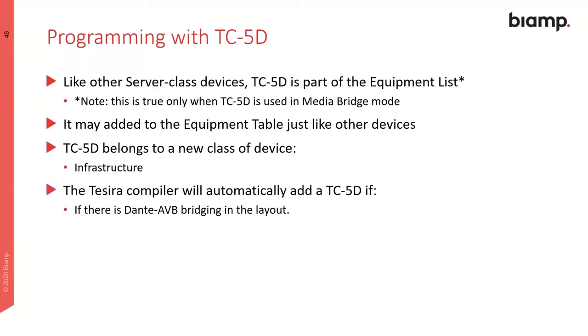The Tesira compiler will automatically add a TC5D if you have a Dante AVB bridge in the layout. So anytime you have a system, once you hit compile, it will automatically add the TC5D into your system. But remember one thing, the compiler is always smart enough to get the less expensive classification of the component.